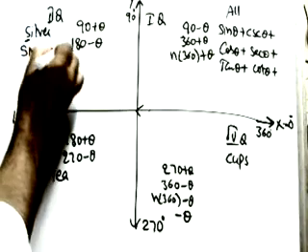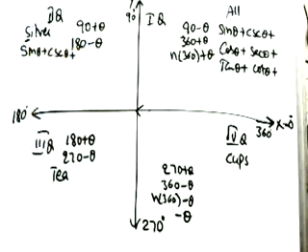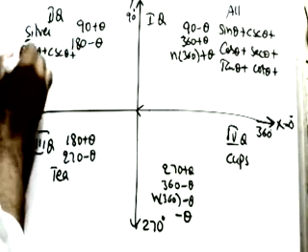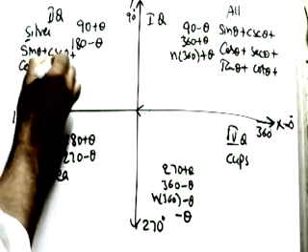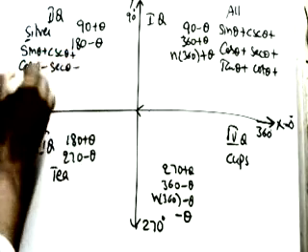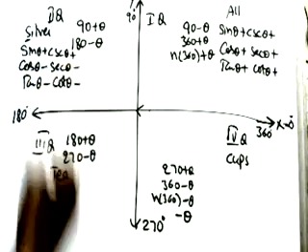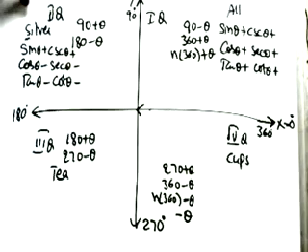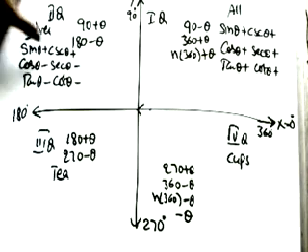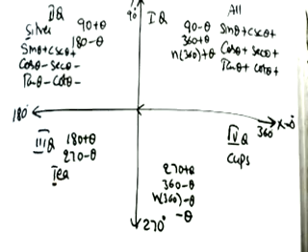So here sine theta is positive and its reciprocal cosec theta is also positive, whereas the others are negative. That is, cos theta, secant theta, tan theta, and cot theta are negative. So in the first quadrant, all are positive. In the second quadrant, Silver starts with S, that means sine theta and its reciprocal are positive, others are negative.